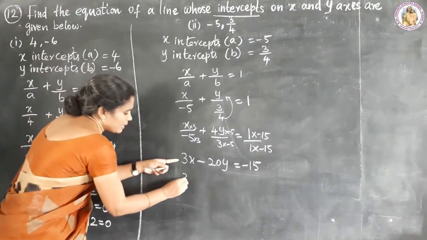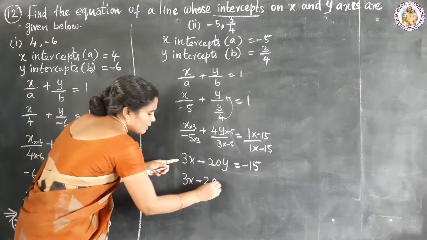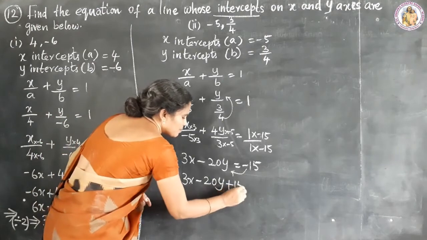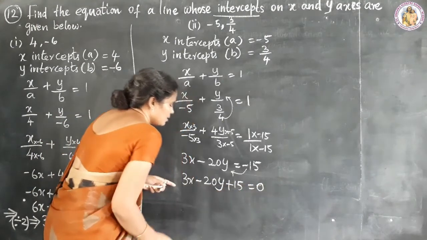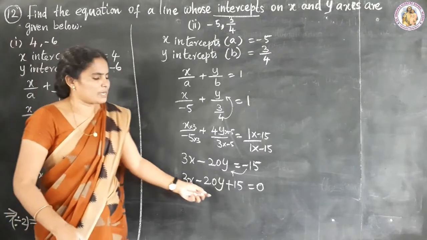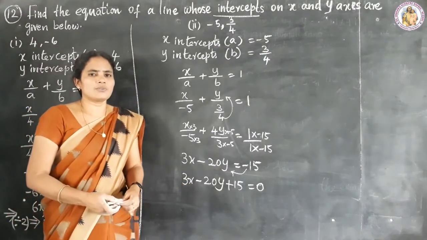In the next step, write 3x minus 20y minus 15. When it goes to the left side, it becomes plus 15 is equal to 0. Therefore, the equation of the line is 3x minus 20y plus 15 is equal to 0.